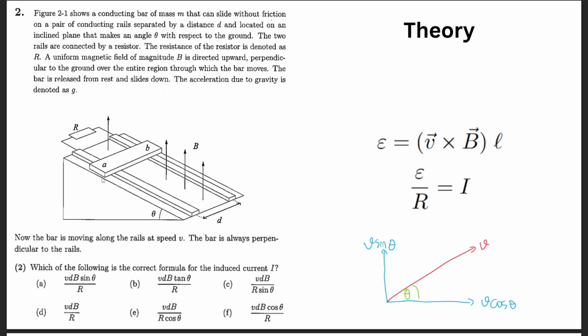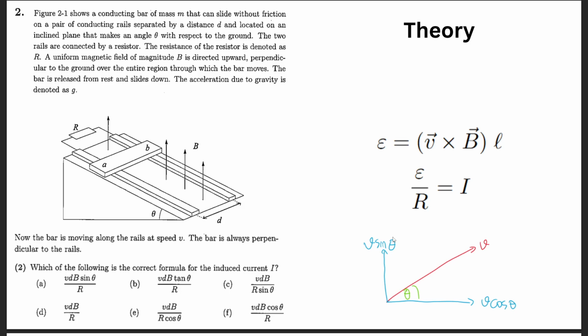And to express that induced voltage, that is EMF, is equal to the cross product of v and B times L, the length of the bar. And you should know that the voltage over the resistor divided by the resistance is equal to the current. So the current is equal to voltage over R.